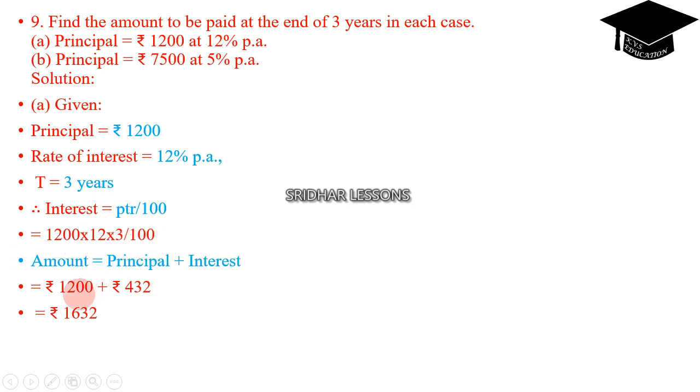The principal is 1200, which is the actual amount. So at the end of 3 years we have to pay the principal plus interest, that is 1200 plus 432 rupees, which is equal to 1632 rupees.